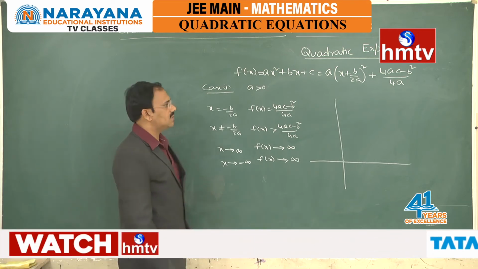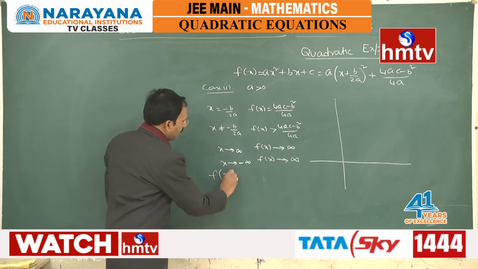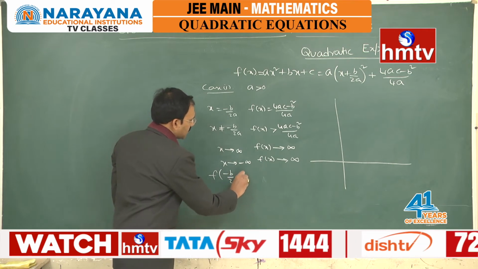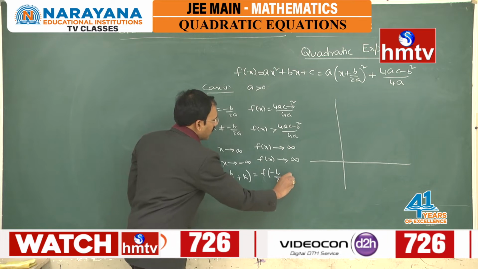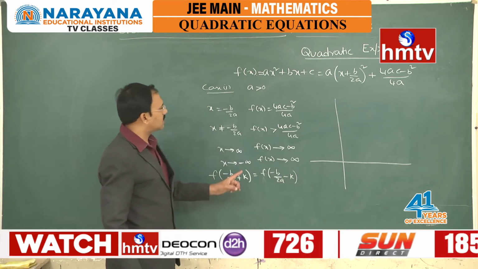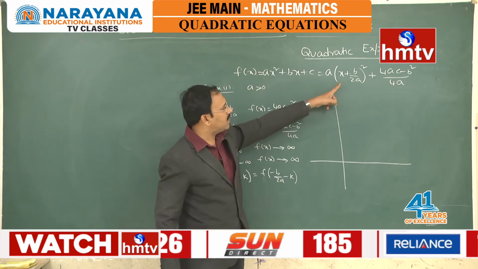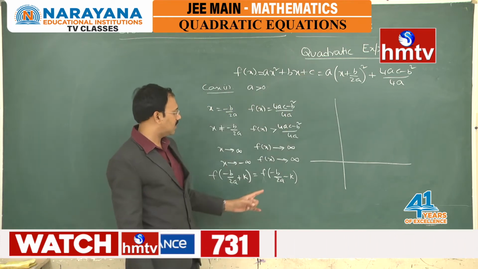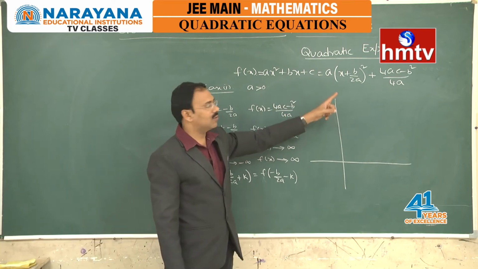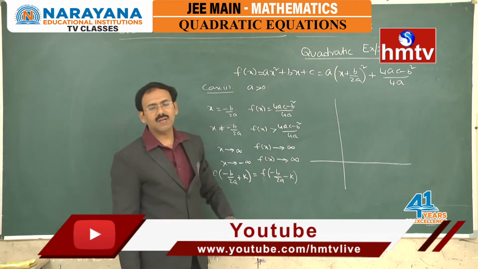Apart from this, f(−b/2a + k) is equal to f(−b/2a − k). For example, if you write −b/2a + k, this becomes ak² plus something. Even for minus also, it will become ak² plus something.